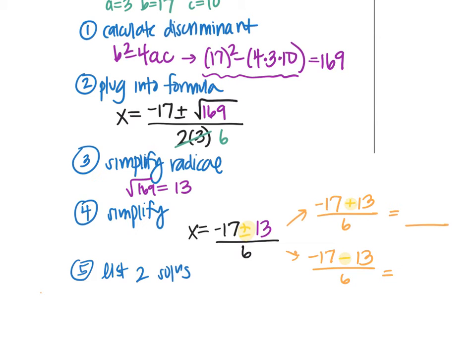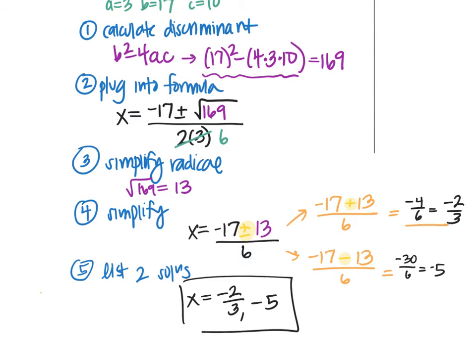So what am I going to do here? Negative 17 plus 13 gives us negative 4 over 6, which is negative 2/3. And then here we have negative 30 over 6, which is negative 5. So my two solutions are negative 2/3 and negative 5.